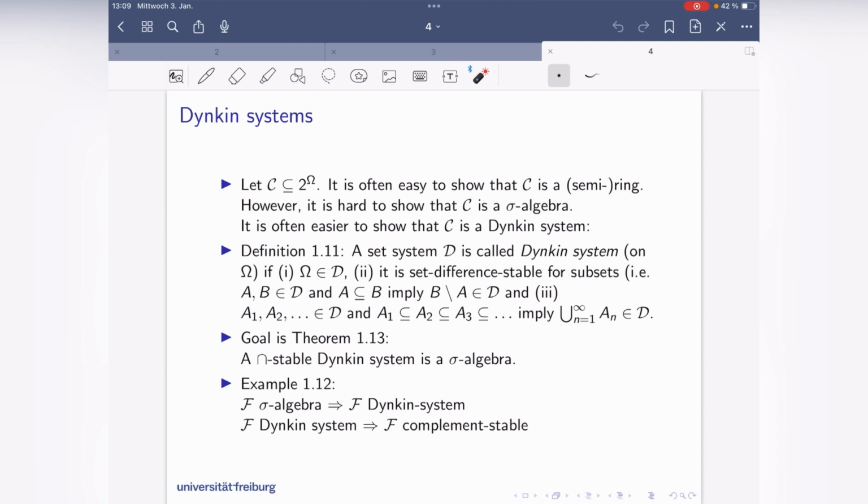Yeah, what can we say? A sigma algebra is a Dynkin system. Yes, of course, because for sigma algebras, we know, okay, omega is in it. It's set difference stable, not only for subsets, but for all sets. And the third property also holds for all choices of A_n, not only for those increasing sequences here. So that's easy. A Dynkin system is complement stable.